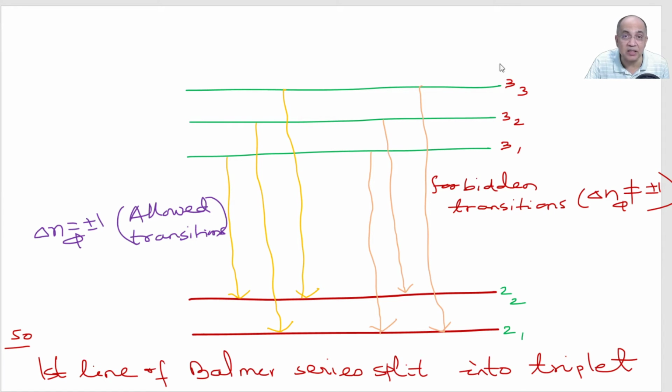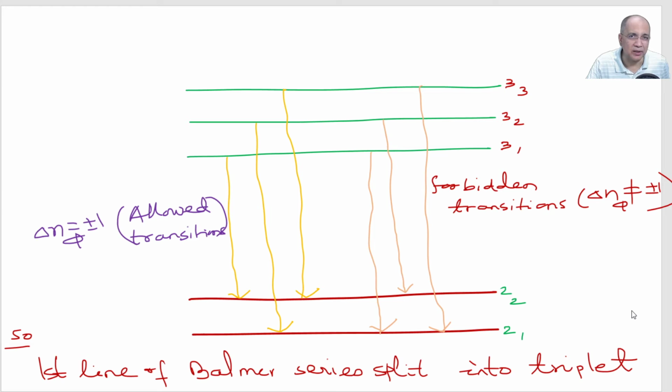And the third shell has three subshells. Now we know these as 3s, 3p, 3d, but then 3,1, 3,2, 3,3. This is n phi equal to 1, n phi equal to 2, n phi equal to 3, and this is the n value. So there are 6 transitions. That is from 3,1 to 2,2, then 3,2 to 2,1, then 3,3 to 2,2, as well as 3,1 to 2,1, 3,2 to 2,2, and 3,3 to 2,1.